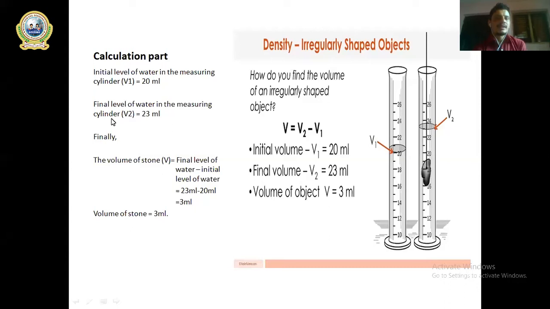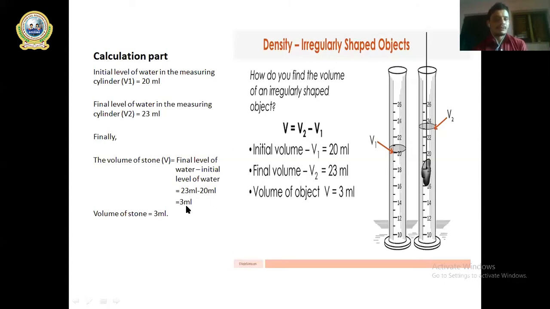Now let us follow the calculation. The volume of the stone equals the final level of water minus the initial level of water. You should perform this calculation. What is the final level of water? The final level of water after putting the stone is 23 ml, and the initial level of water before putting the stone is 20 ml. 23 ml minus 20 ml is 3 ml.